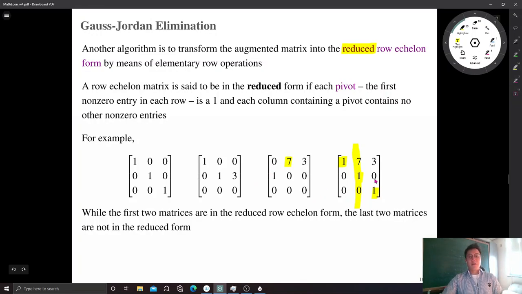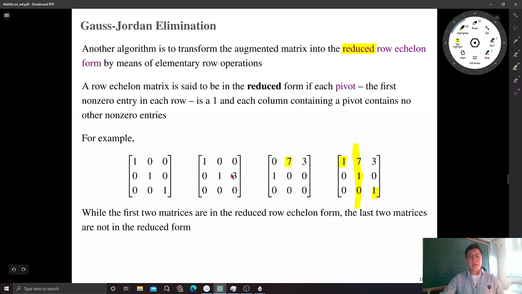On the other hand, the first two matrices are reduced form. The identity matrix, that is the most desired matrix, so it is a reduced form. Each pivot is a number 1, and each column has just one pivot, and the other entries are zeros, so it satisfies the second condition as well.